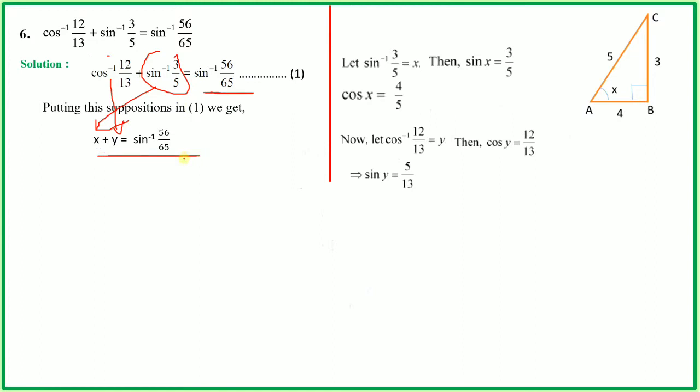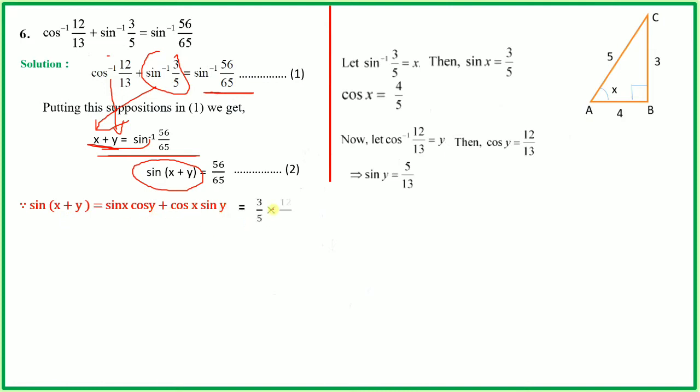Taking sine on both sides, sine of x plus y is equal to 56 upon 65, equation number 2. As I told you, this is our target, sine a plus b, sine x plus y. The formula is sine x cos y plus cos x sine y. We'll substitute all these values.